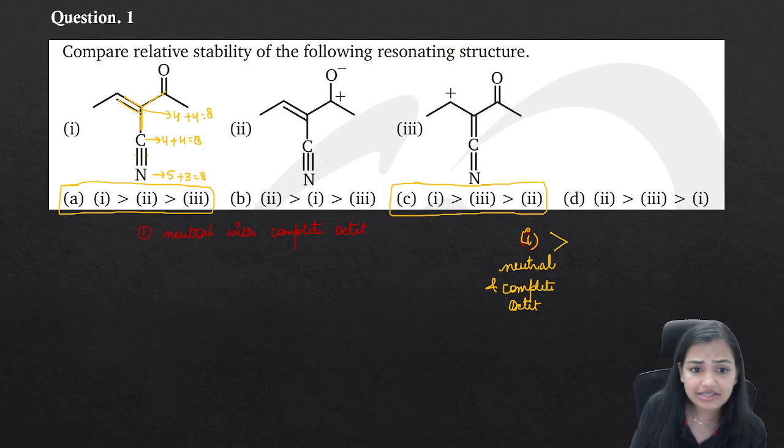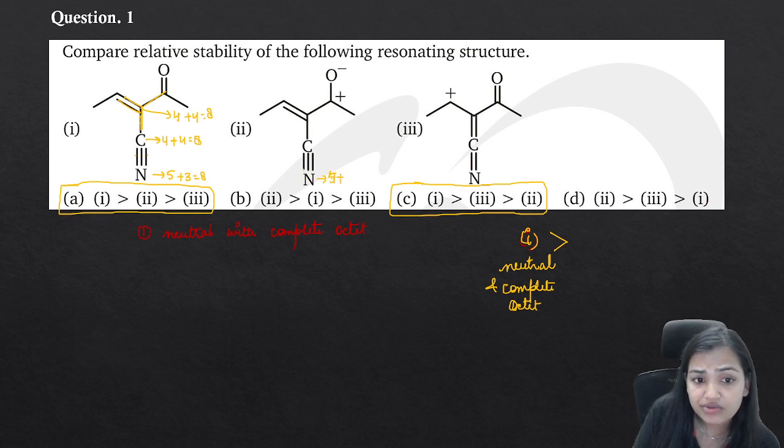It would be nice if you focus on this nitrogen. Nitrogen has 5 valence shell electrons plus 3 electrons from sharing. So 5 plus 3 comes out to be 8. This carbon has 4 from sharing, so 4 plus 4 is 8. This carbon also has 4 and 4 from sharing, so 4 plus 4 is 8.